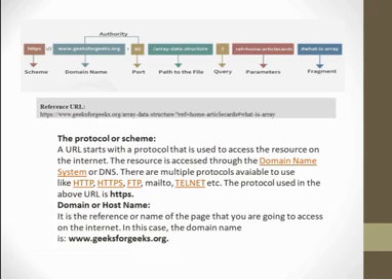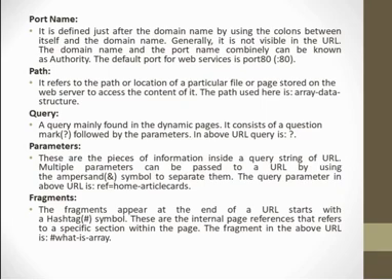So here the domain or the host name is www.geeksforgeeks.org in the particular URL, and then the port is nothing but the number through which the HTTP request and response will take place, port number 80, and then the path refers to the particular file or page stored on the web server to access that particular content, and then query. A query is mainly used in dynamic pages.